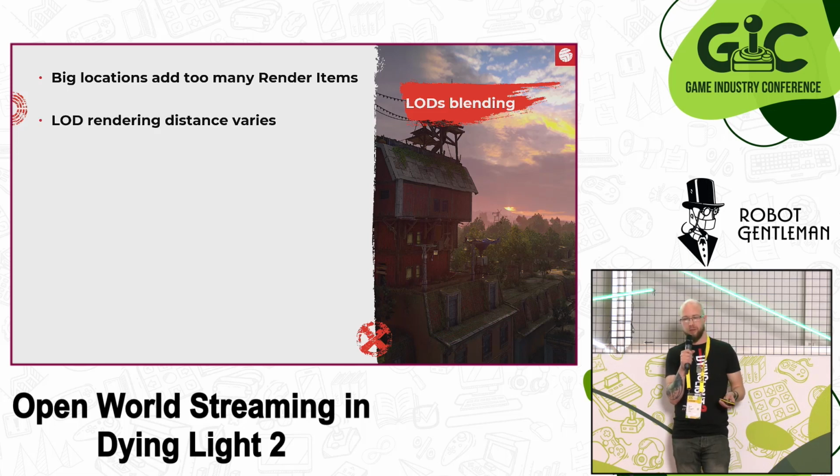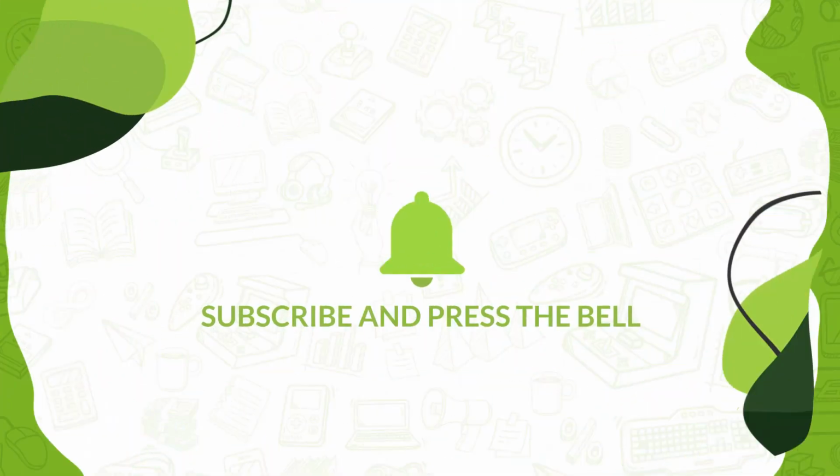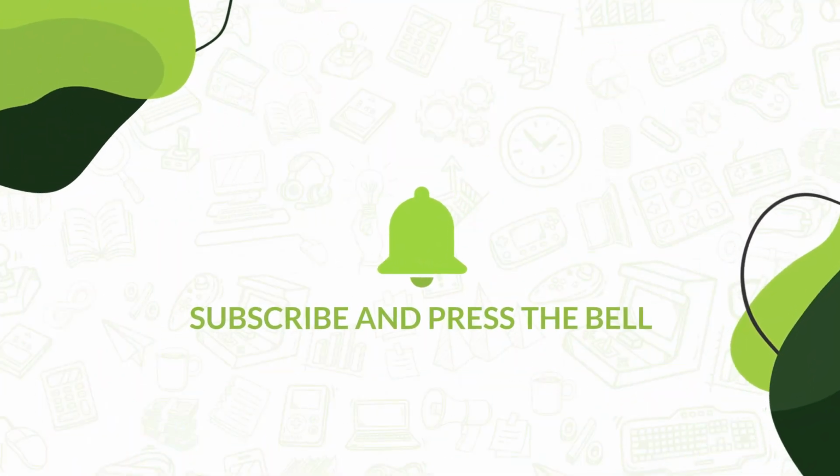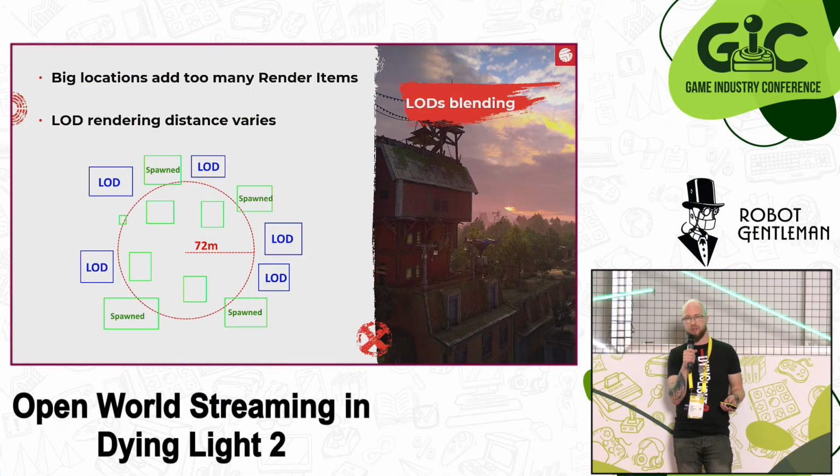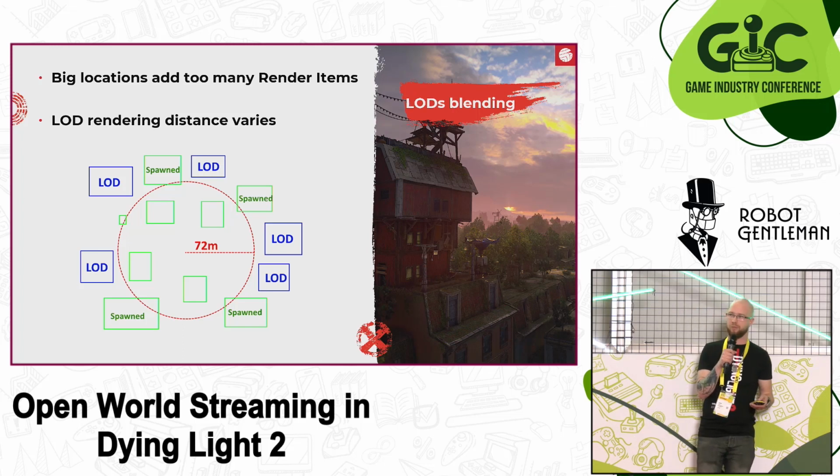And LOD rendering distances really vary in that system, because from what I showed you, we can see that those green areas in the original geometry can be rendered really far away from the player if only the extents are hit by that, which means that we cannot really expect any uniform distribution of render items across the scene.